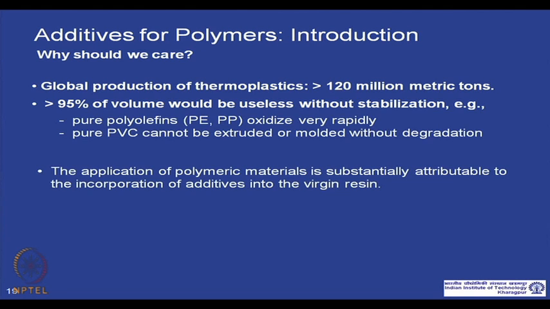The successful application of polymeric materials is substantially attributable to the incorporation of additives into the virgin resin we just produce from the reactor. If we do not use additives in those resins coming out of the reactor, their applicability will come down drastically.